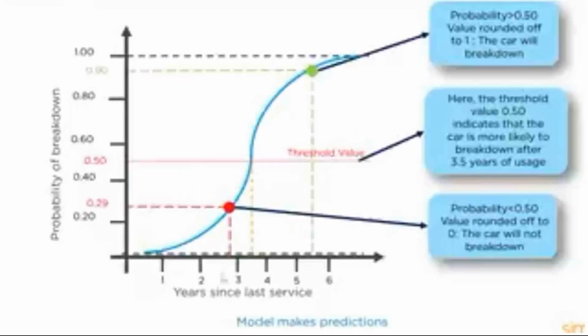So how? Simple. See, for example, here they have been given some constraints like this, right? For example, if my probability is above 0.5, then definitely the car is going to break down, and you need to go for a service. That will indicate this to you, right? And what this will indicate is some threshold.